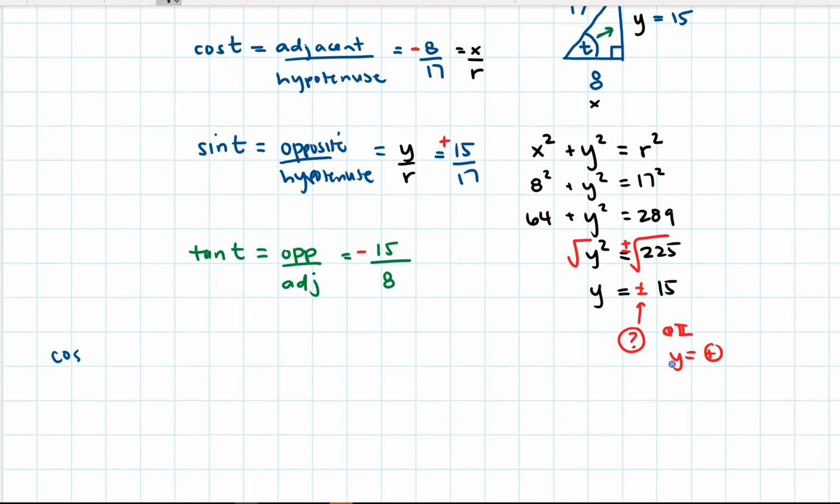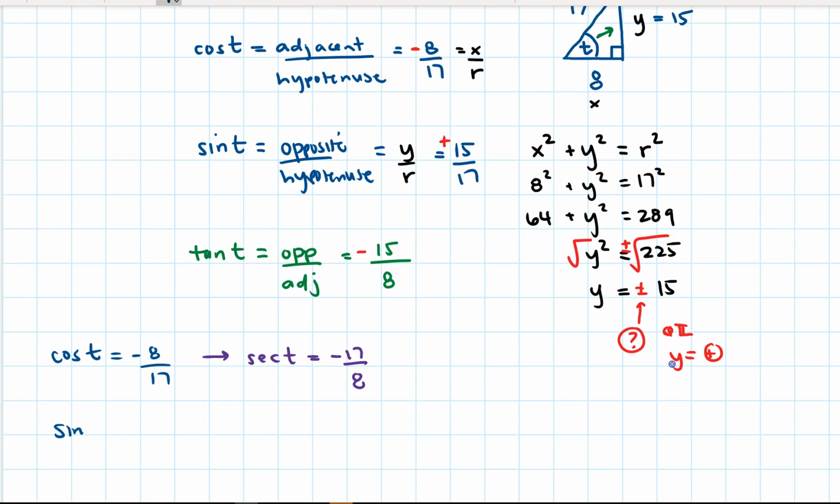If I know that cosine of t is negative 8 over 17, I can then use that to determine what secant of t is. We can use the reciprocal identity, or you can use the fact that if cosine is adjacent over hypotenuse, secant is hypotenuse over adjacent. So secant of t is 17 over 8, and we should be negative.